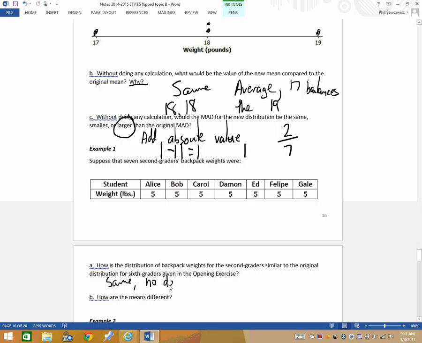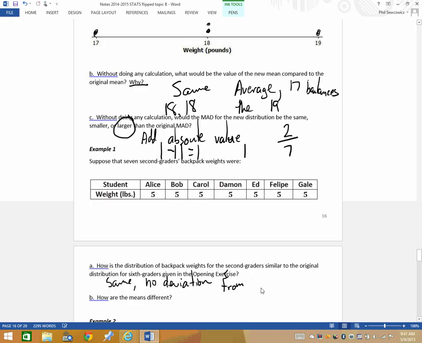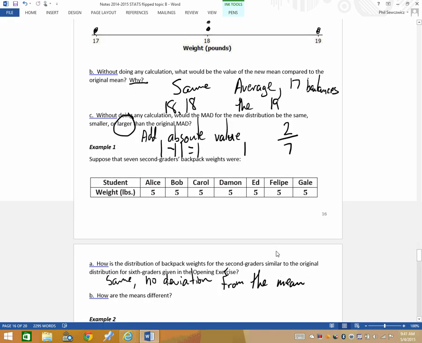No deviation from the mean. They're all the same. We get that there, but we're talking about distribution. Distribution is how far apart they are, and there's no separation from it. So again, we just don't want to say the same because that's just not good.